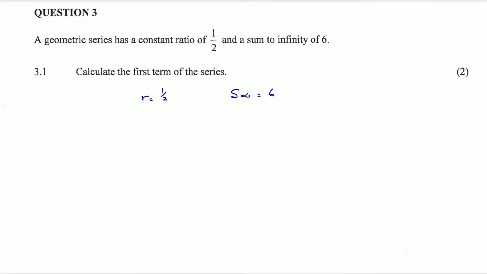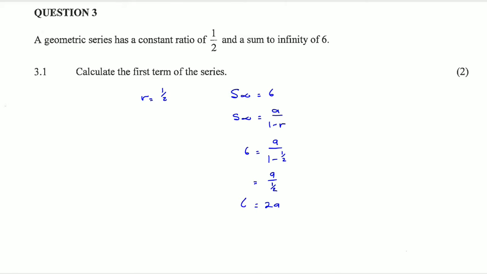Now we have an equation for the sum to infinity, which is S∞ = a over 1 minus r. We know the sum to infinity and we know r, so we can calculate a. 6 is equal to a over 1 minus a half, which is a over half, which is equal to 2a.